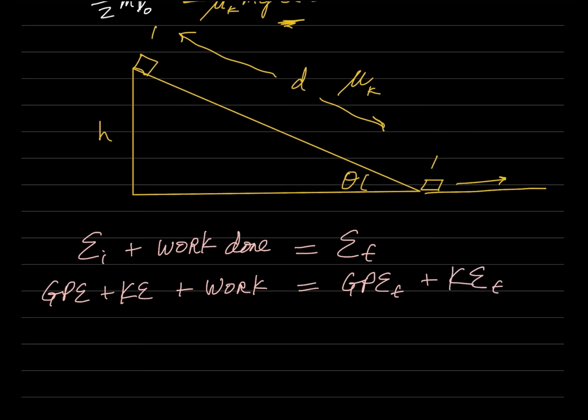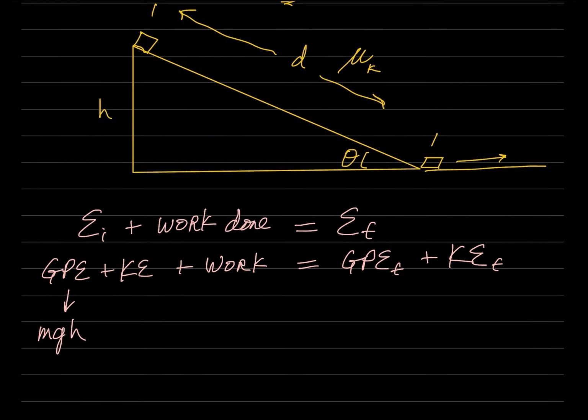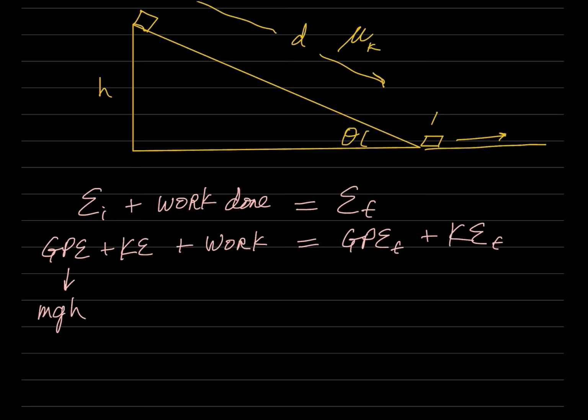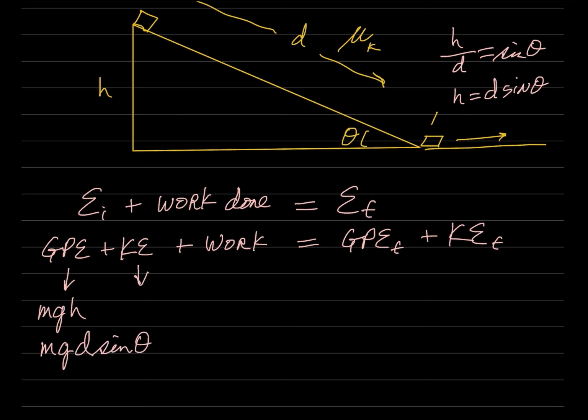The gravitational potential energy we know is mgh, but we're going to use d instead of h because we're using d for other parts of this as well. So coming up to the diagram, we have h over d equals sine theta, and so h equals d sine theta. So the gravitational potential energy is mg times d sine theta. The kinetic energy is 0 because it's not moving at the beginning.